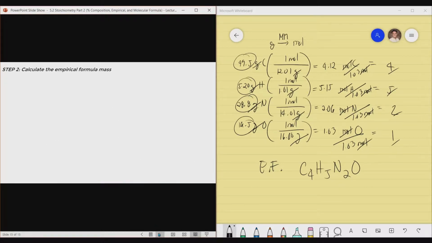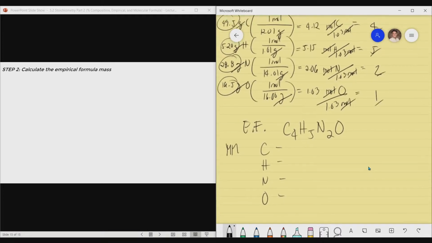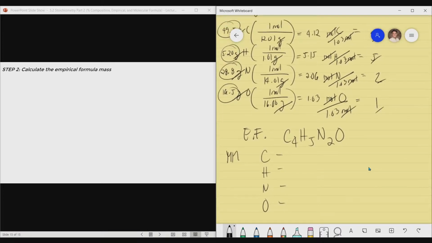Next, step number 2 is to calculate the empirical formula mass. That means the molar mass of C4H5N2O. The first step is to account for each element and their molar masses. We just look at our previous values. For carbon, we have 12.01.